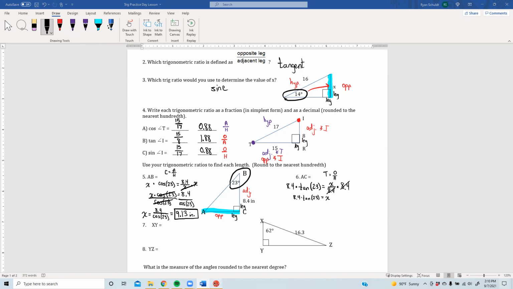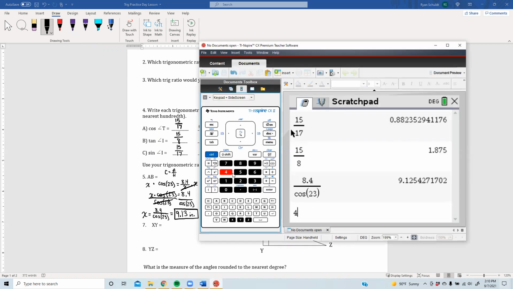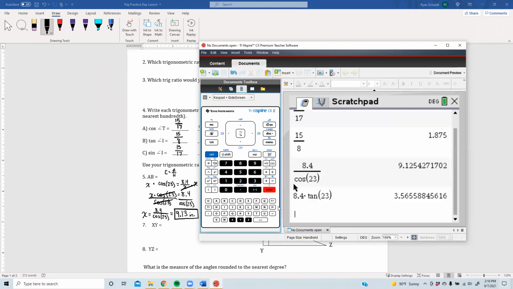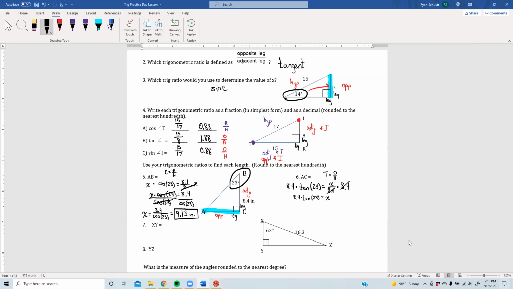So we can type that in the calculator now. 8.4 times the tangent of 23. 3.57. So this means that this is 3.57 inches. That's how long AC is.